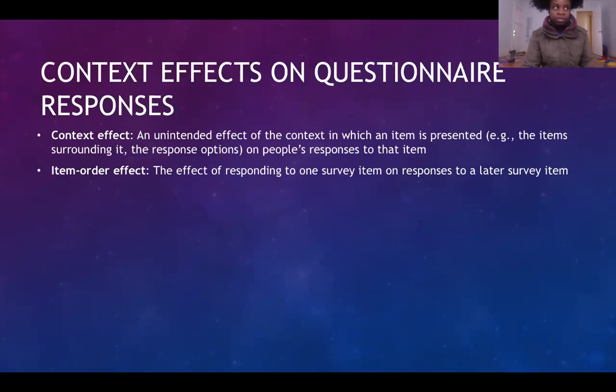So you can influence the way someone interprets a question by the wording. It could also be influenced by the order of the items, the response options provided also, and many other factors. At best, these influences add noise to the data. At worst, they result in systematic biases and misleading results.